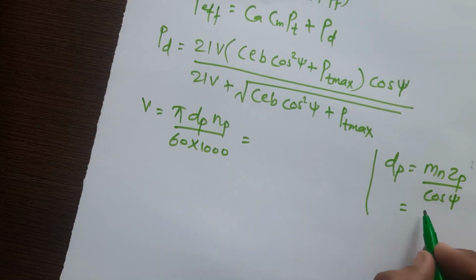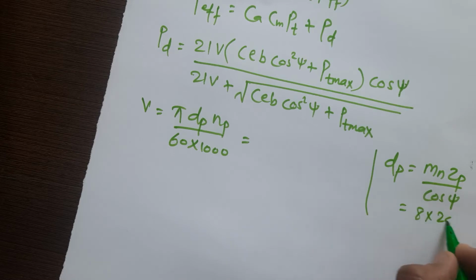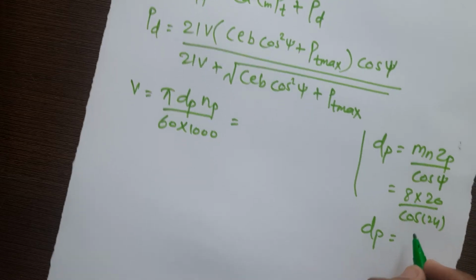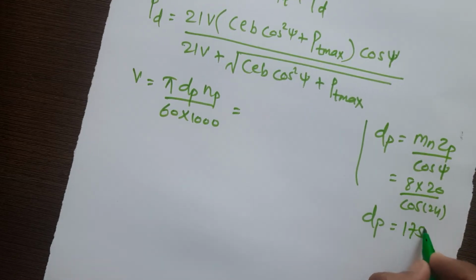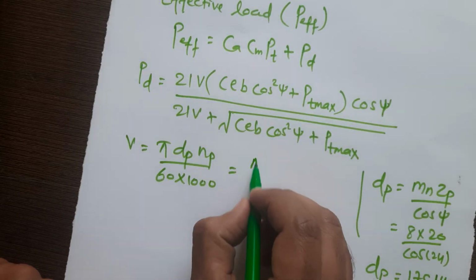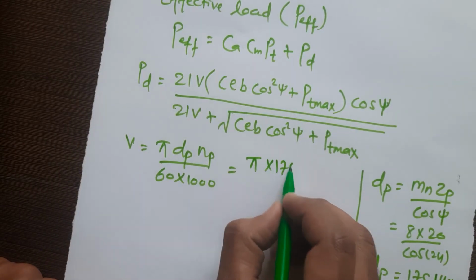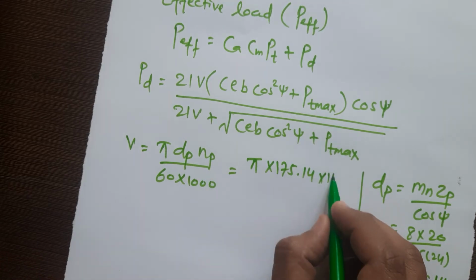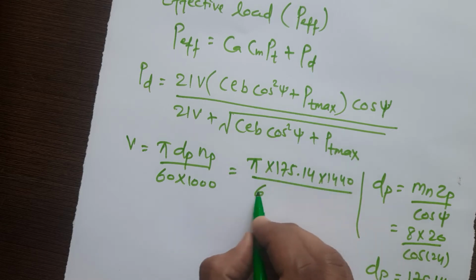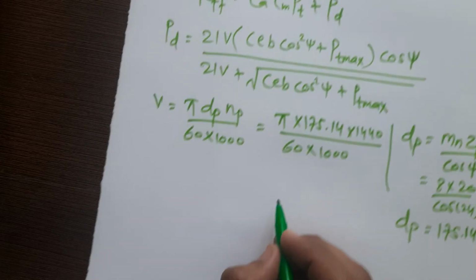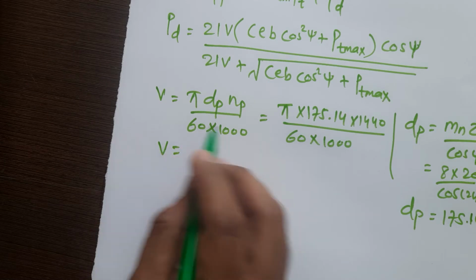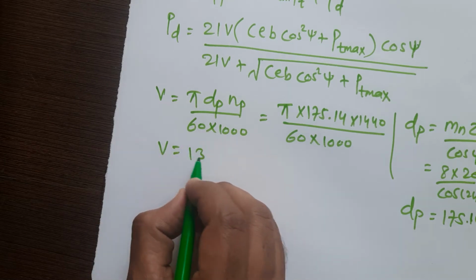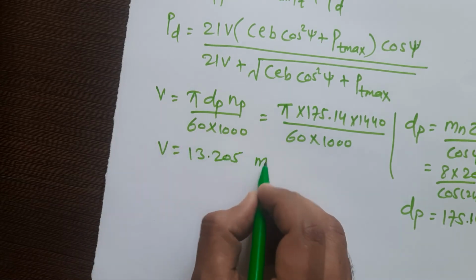Here mn is 8, zp is 20, divided by cos of 24, so you will get dp as 175.14 mm. We substitute pi into 175.14 into np, which is given as 1440, divided by 60 into 1000. If you calculate this, you will get velocity as 13.205 meter per second.